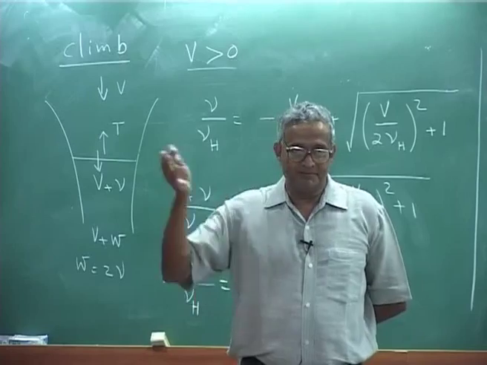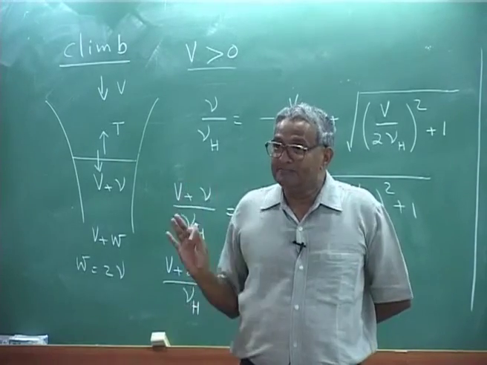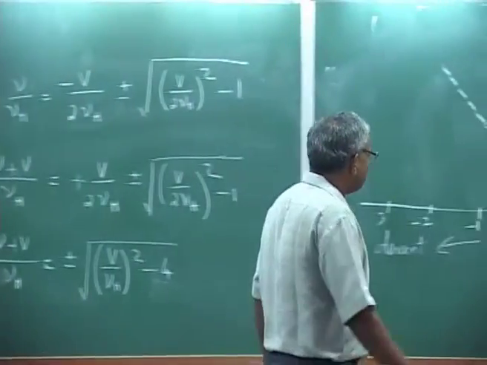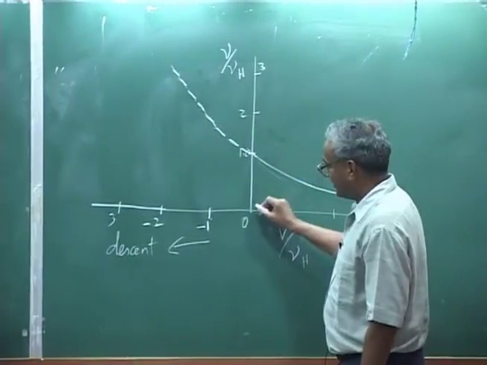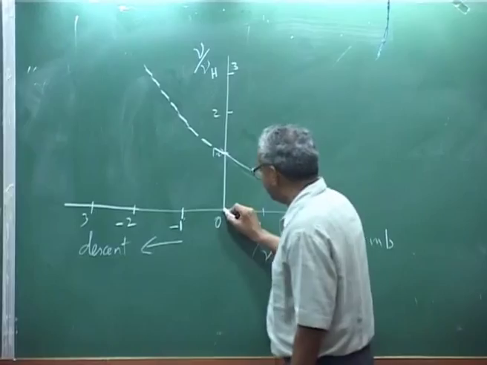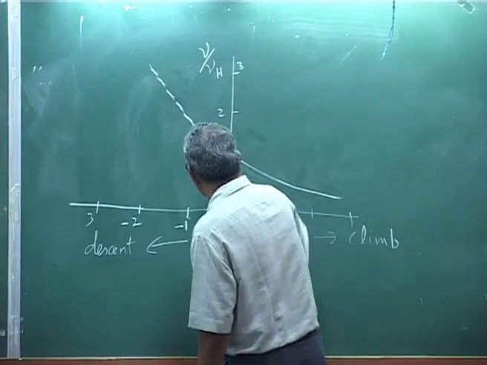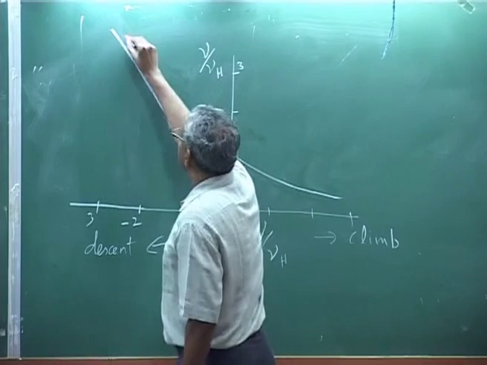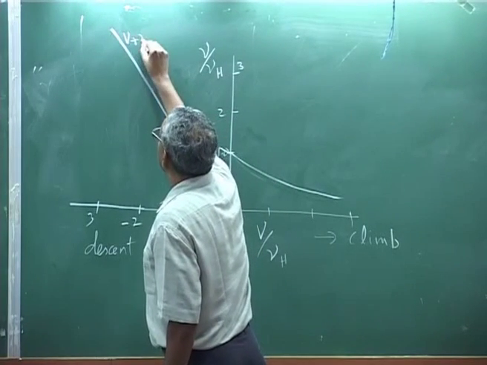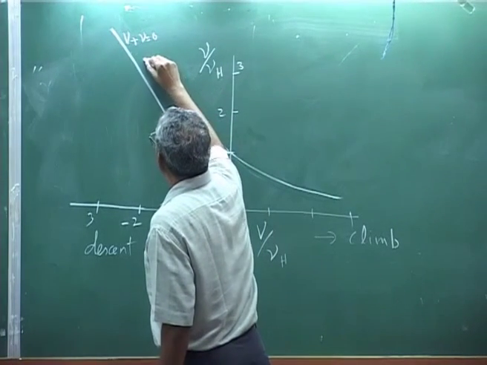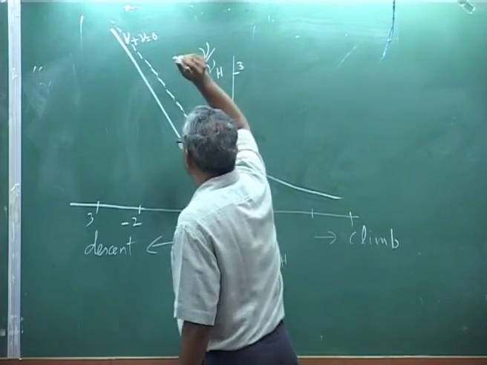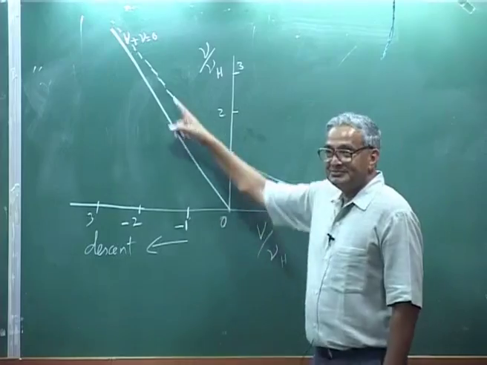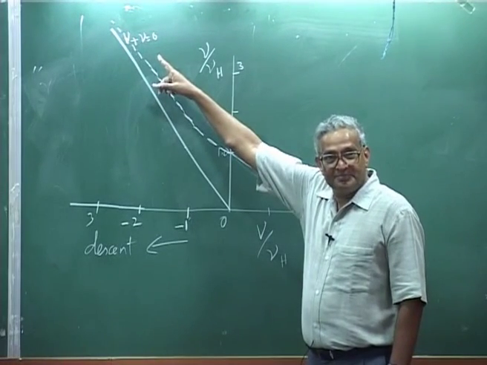Nu by nu h is V by nu h, both are equal, which means the curve is a 45 degree line. Asymptotically it will go to this 45 degree line.